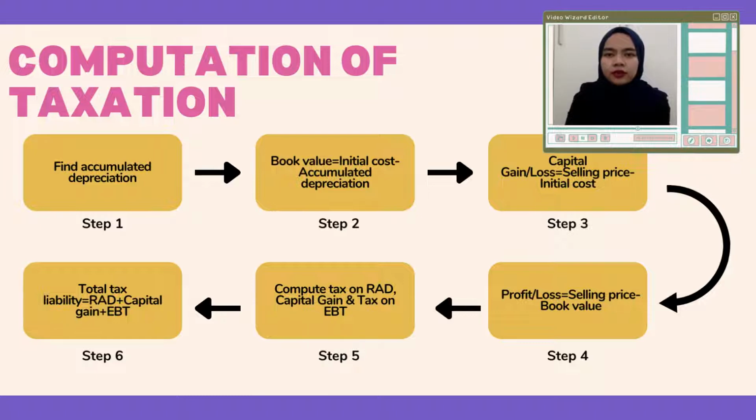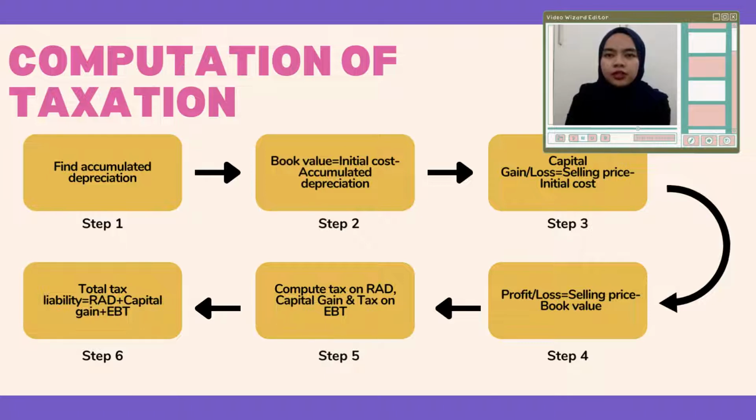Step 5, compute tax on R&D, tax on capital gain and tax on EBT. How to get tax on R&D? We have to find profit or accumulated depreciation times corporate tax rate. To know whether to use profit or accumulated depreciation, we have to find the lowest amount between them.